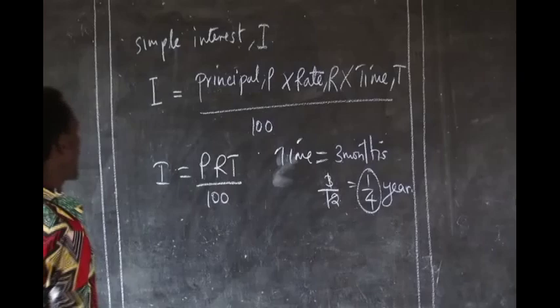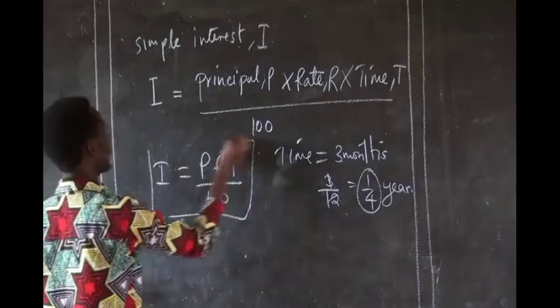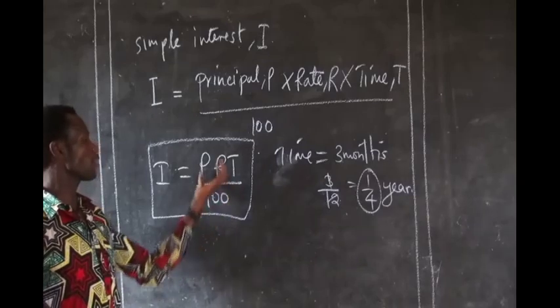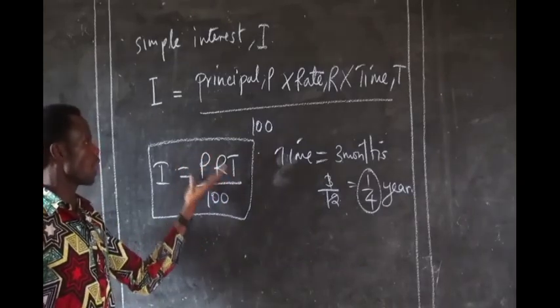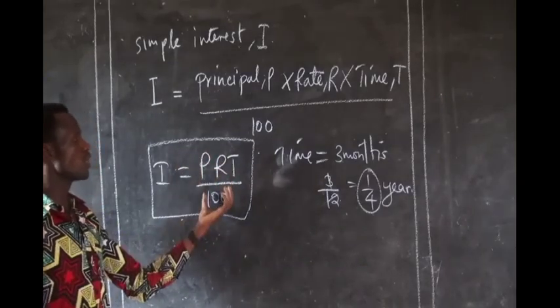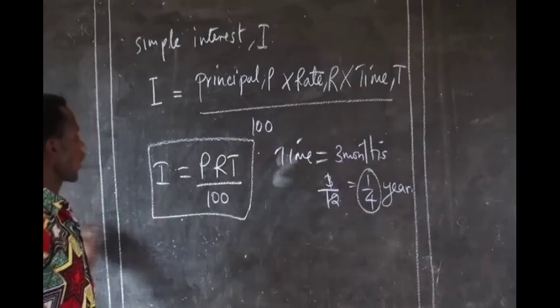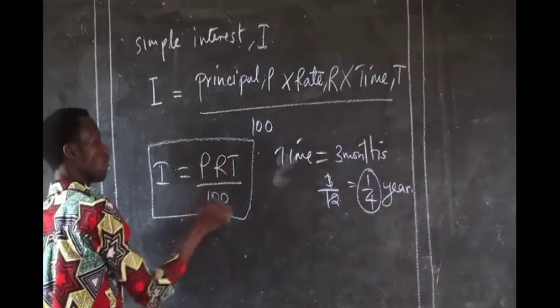So this is the general formula that should be used to calculate the interest after you have kept the money in the bank. You just use this formula to calculate your interest. So interest is equal to PRT over 100.